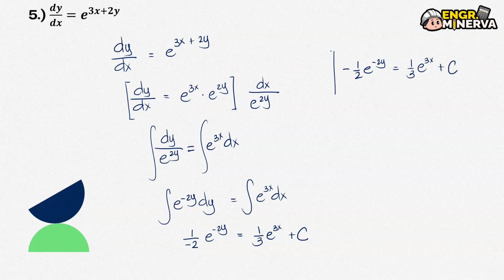So this is our answer. This is our implicit answer. But again, if you want to isolate your y here, we rewrite it again: negative 1/2 e raised to negative 2y equals 1/3 e raised to 3x plus c.